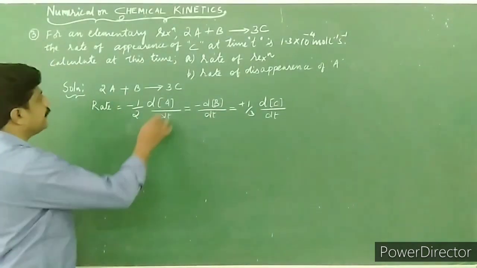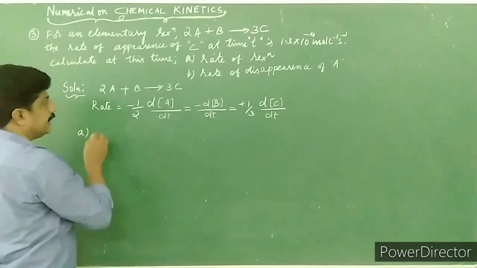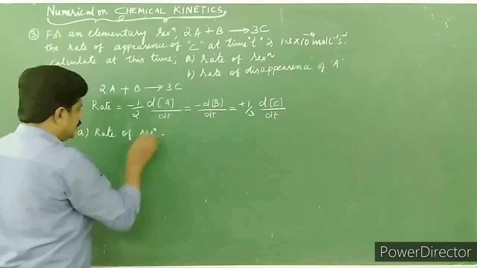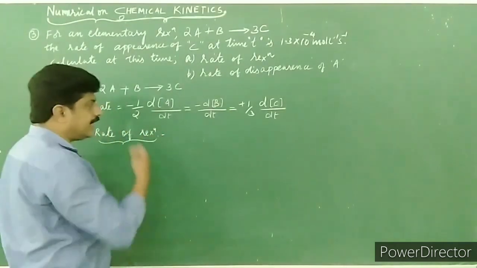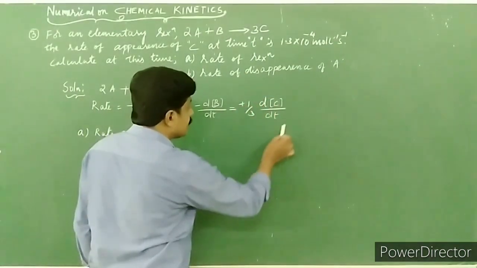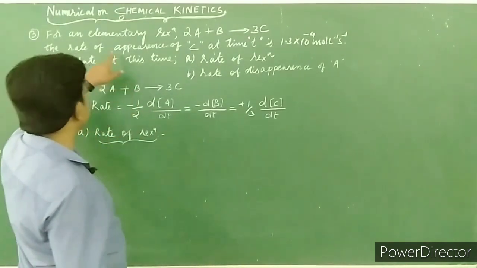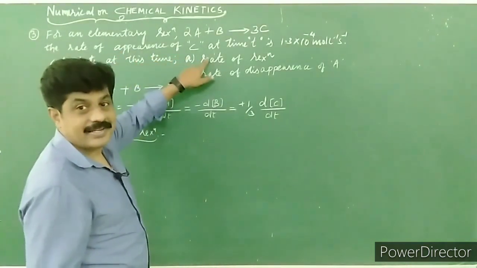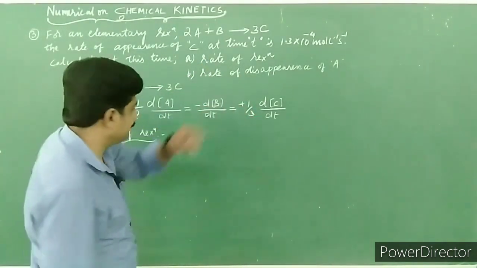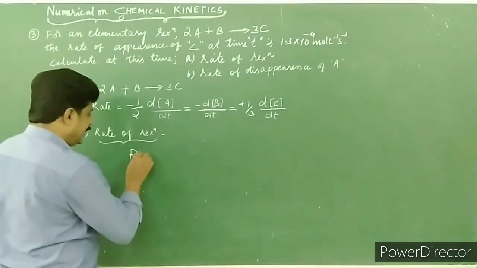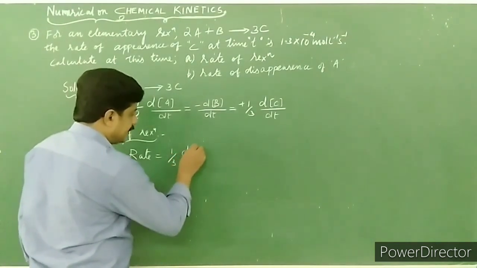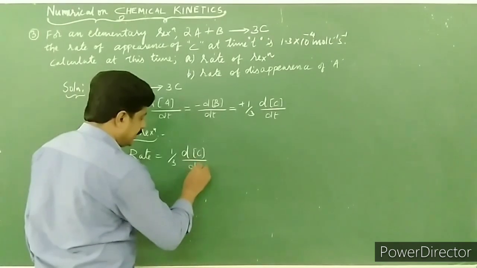Children, let me take up the first one, A, that is the rate of a reaction. For finding the rate of reaction, can I take any of them? But in this case I'll take this one because they have given here the rate of appearance of C. That is why it is better if I take this for finding the rate of reaction. Let me write rate is equal to 1 by 3 d molar concentration of C upon dt.